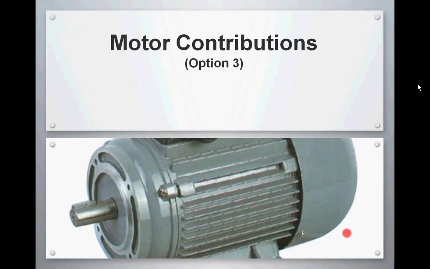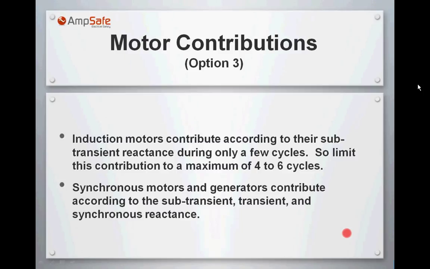Okay, well, here are some tips. Induction motors contribute according to their sub-transient reactance. That X with those 2 little wiggles to the right, okay? And that is only for a few cycles. Remember that the impedance of motors is a dynamic impedance. It changes with time. You don't have the same impedance for that motor.